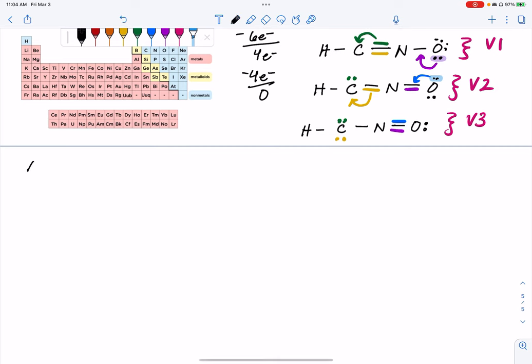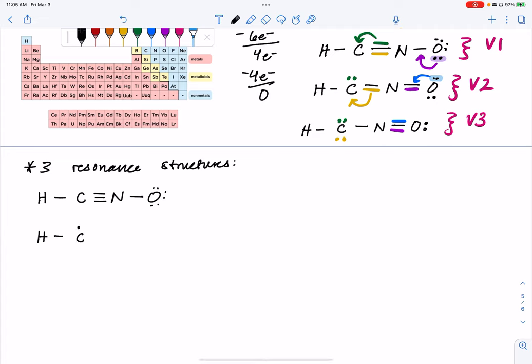So I've now got 3 resonance structures for fulminic acid. I've got the one that is hydrogen bound to carbon, that is triply bound to nitrogen, which is singly bound to oxygen. I have the one where hydrogen is bound to carbon, which is doubly bound to nitrogen, which is doubly bound to oxygen.